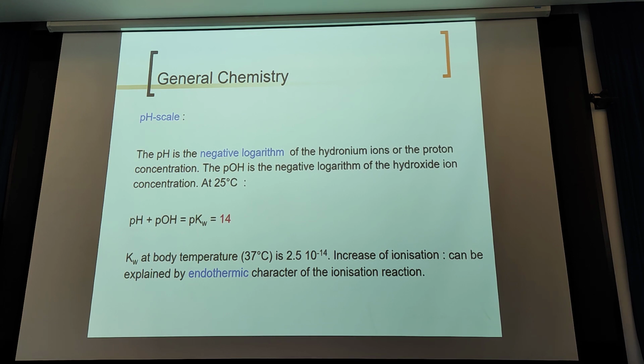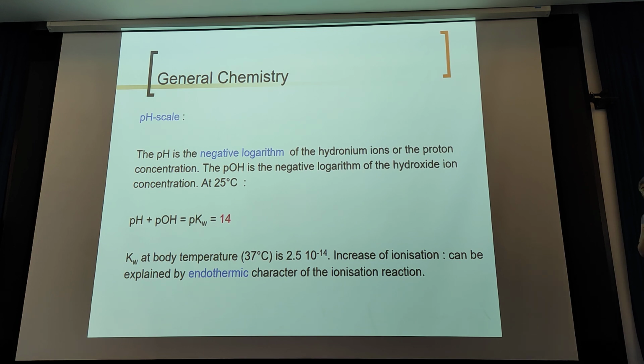And we can actually say that at 25 degrees, if we add up the two negative logarithms, we actually have the negative logarithm of Kw, the water auto-ionization, and in other words, that's 14. So that's why we have the scale of 14. So within this range, we have the normal pH situated.